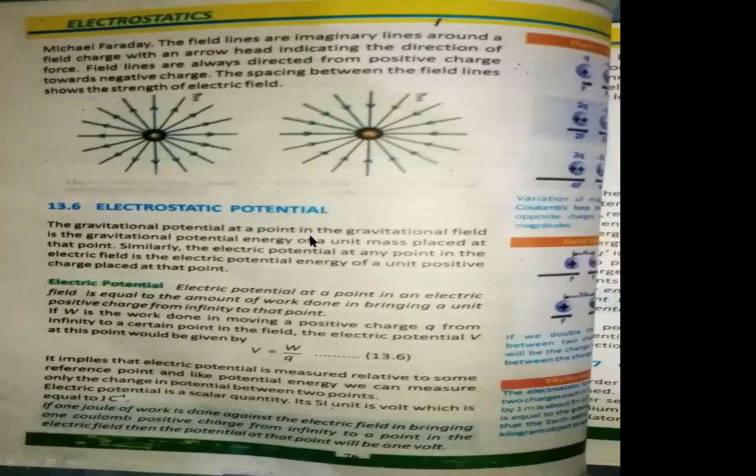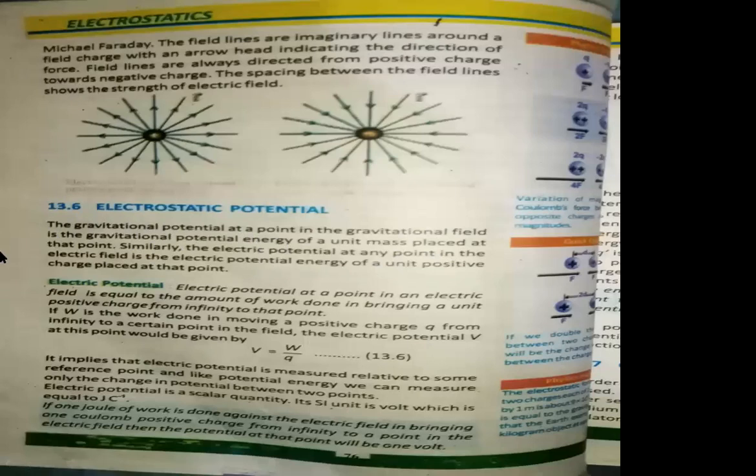Gravitational potential will be in the gravitational field, and electric potential will be in the electric field. The gravitational potential at a point in the gravitational field is the gravitational potential energy of a unit mass placed at that point. There is only a little difference, so you will memorize these two definitions very easily.